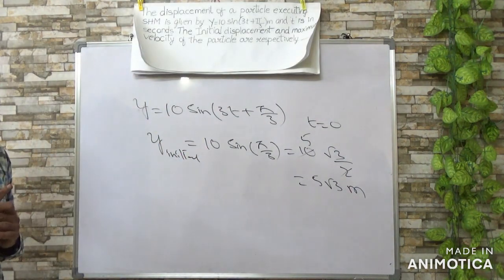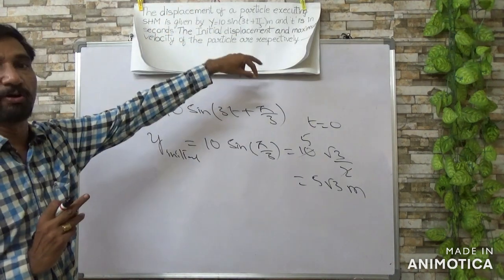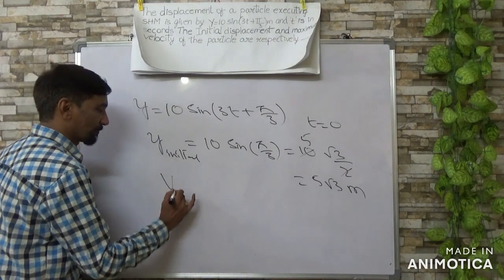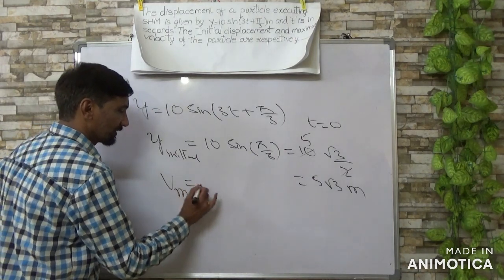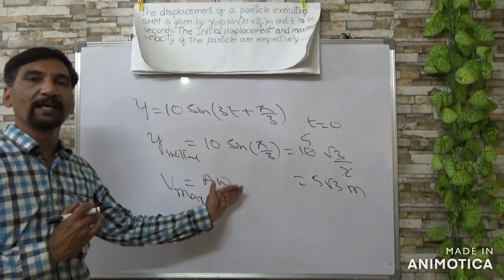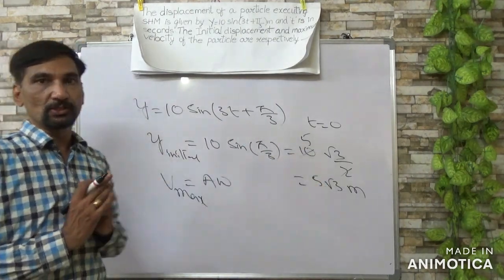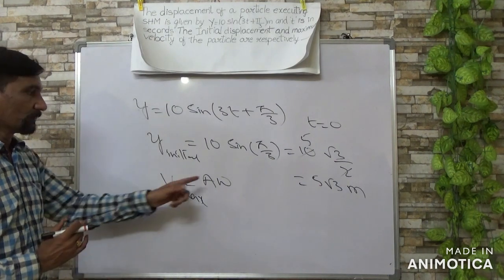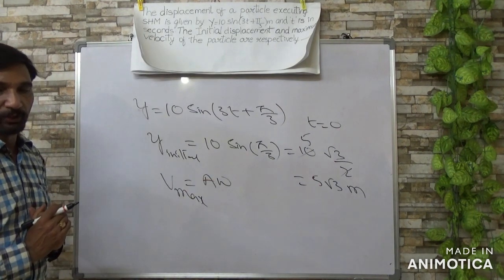What is the second question? Maximum velocity. Maximum velocity is equal to a omega. That is omega root over a square minus x square. Maximum means in the beginning, so a omega.